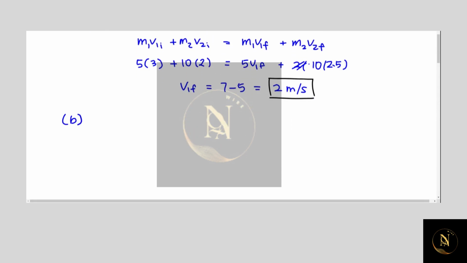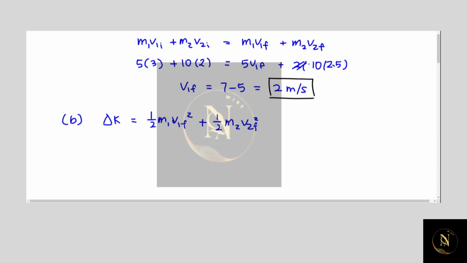Then in part B, we want to find the change in kinetic energy. So delta K is equal to half M1 V1F squared plus half M2 V2F squared.